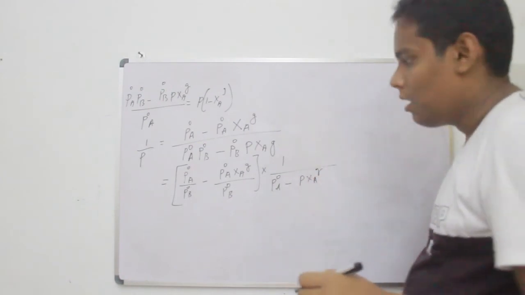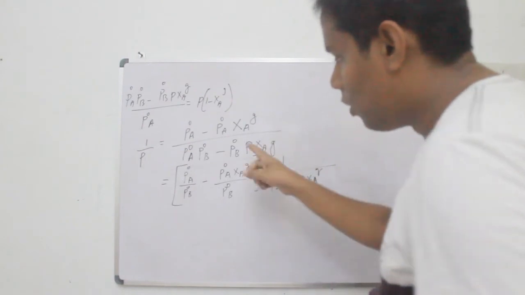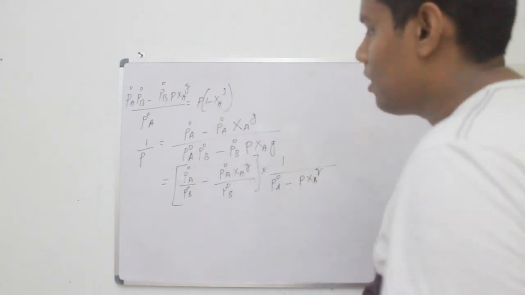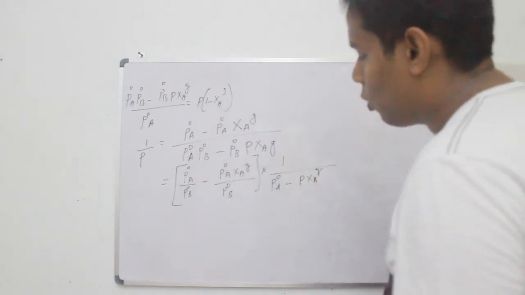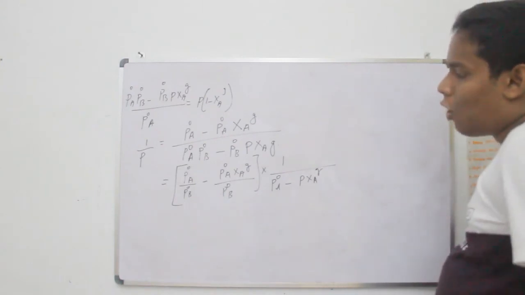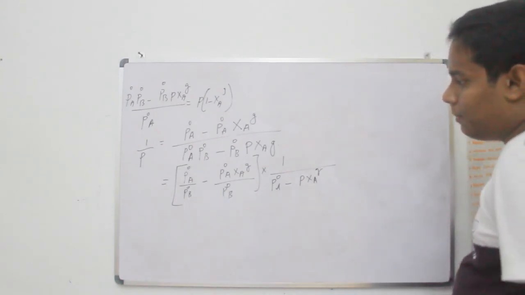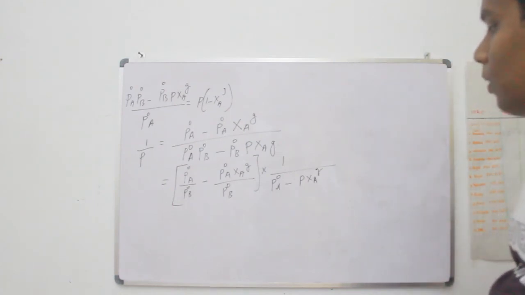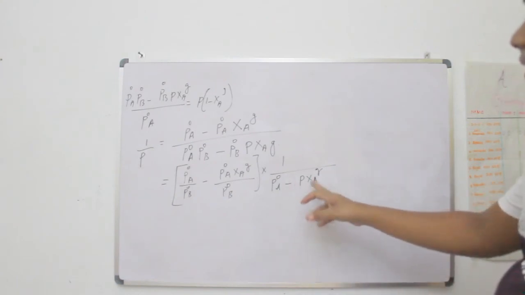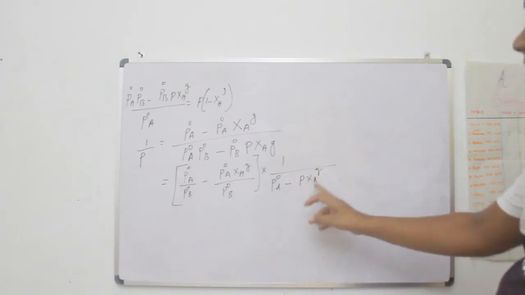What did I do here? I took the P0 B common out and divided it. So P0 A by P0 B minus P0 A XAG divided by P0 B into 1 over P0 A into minus P0 B XAG.